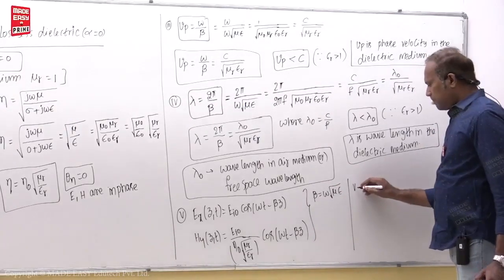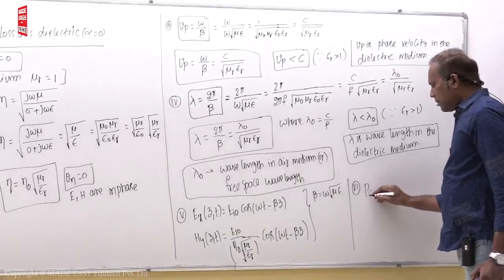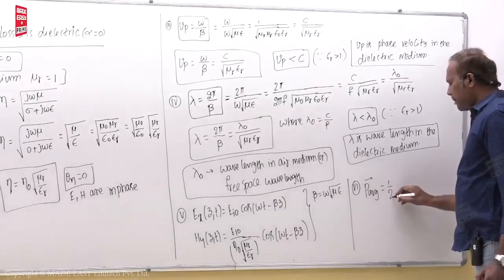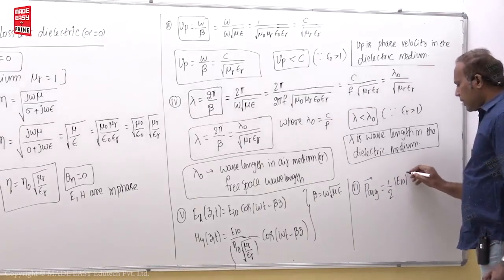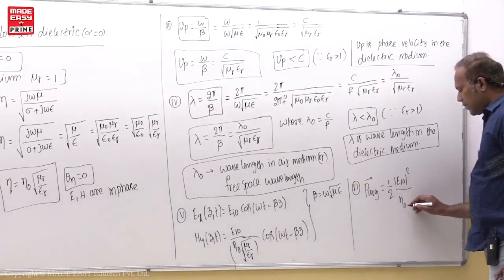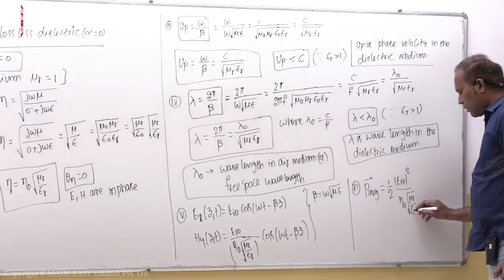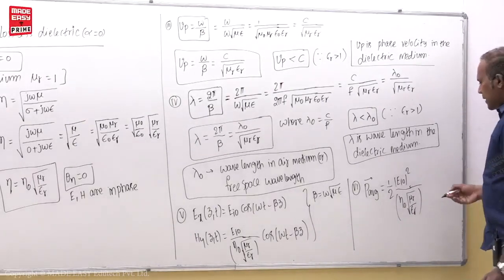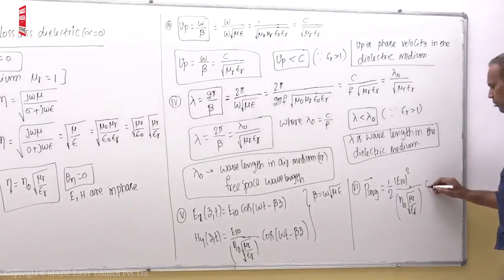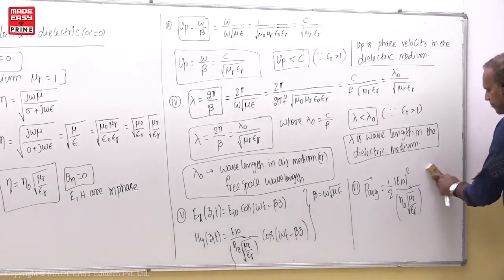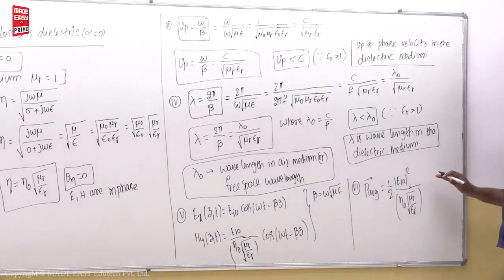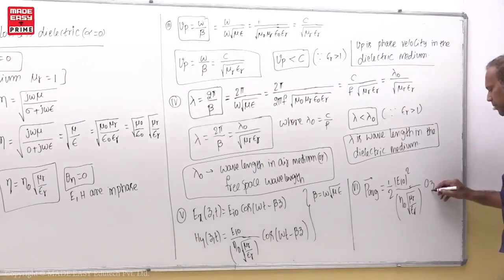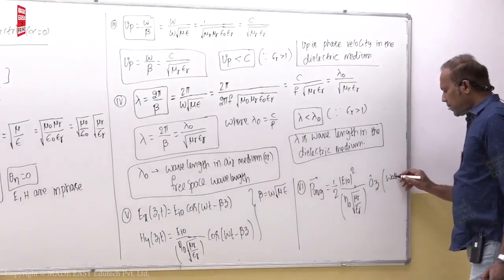So the average pointing vector for this medium is half E_i0 square divided by modulus of eta, meaning eta naught root mu r by epsilon r, into e^(-2 alpha z), into cos theta eta, which is actually 1, into a z cap, because e^(-2 alpha z) with alpha 0 is 1, and cos 0 is 1, so a z cap, in watt per meter square.